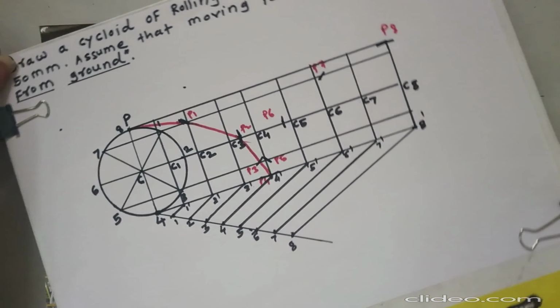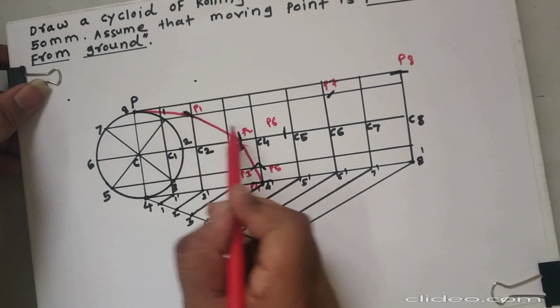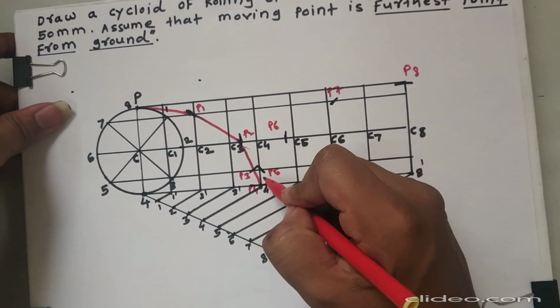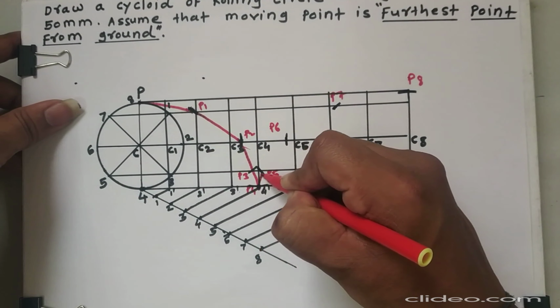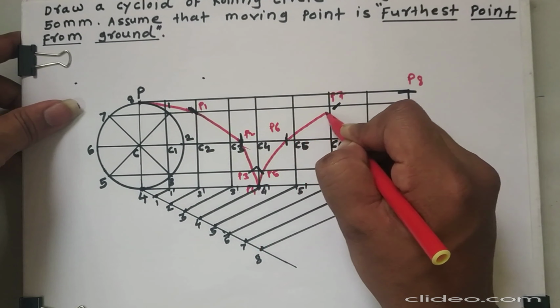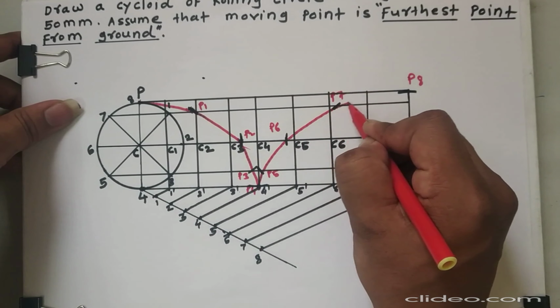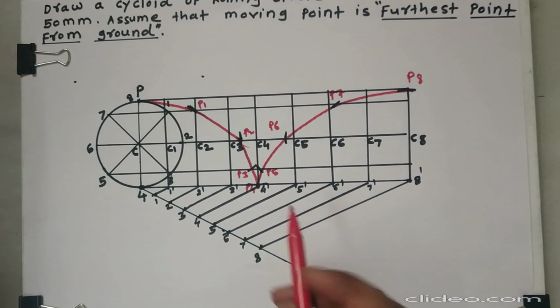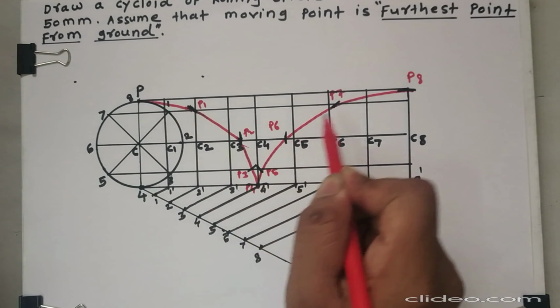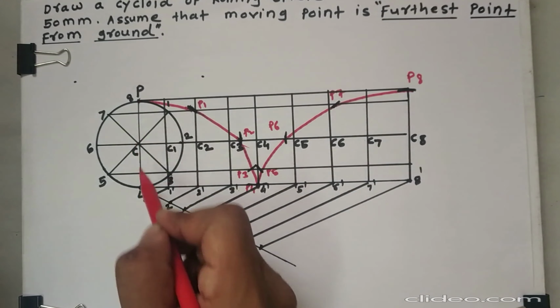So we have connected P1, P2, P3, P4, now P5, P6, P7, P8. Now this curve is called a cycloid, and the point P is furthest from the ground.